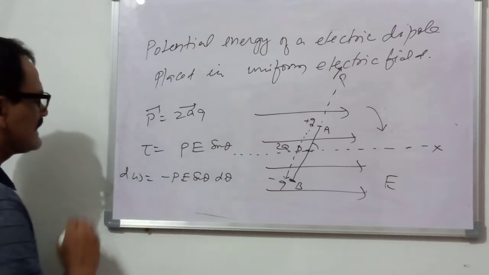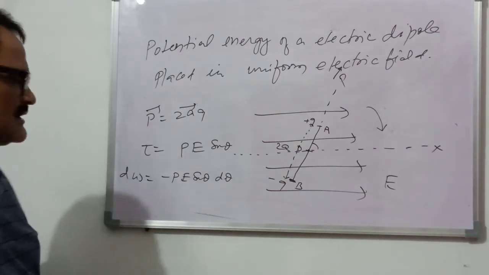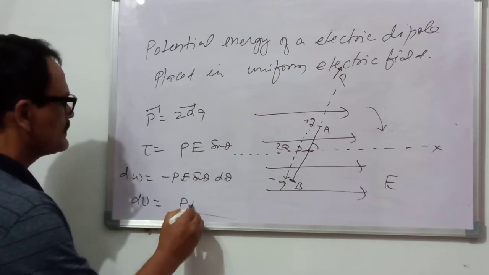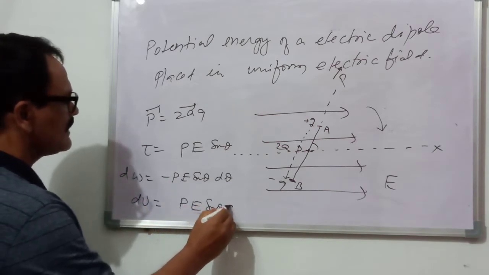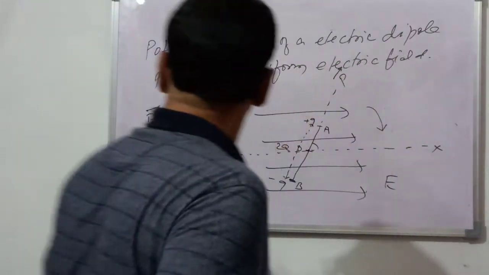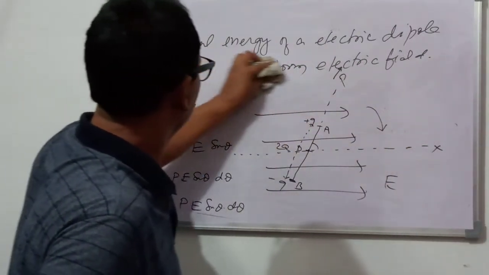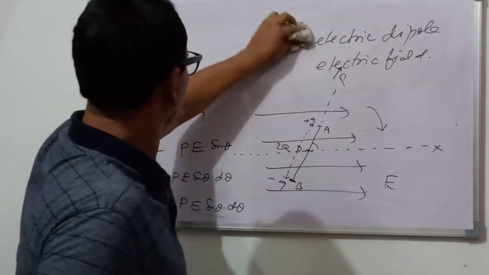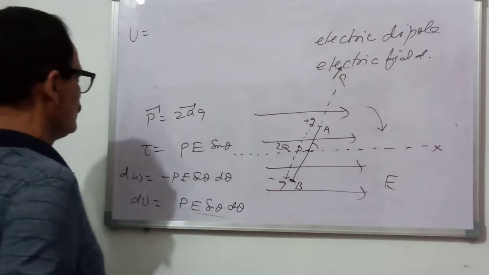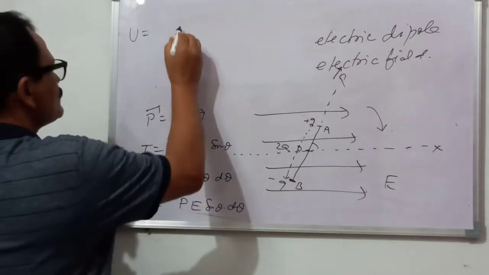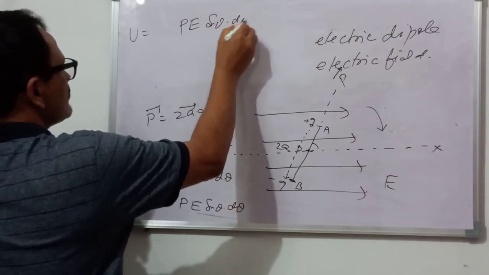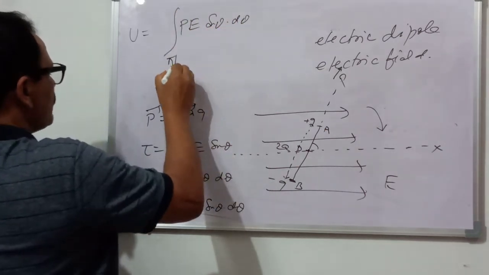And so negative of the work done is known as the potential energy. So potential energy is negative, means PE sin theta d theta. So the total potential energy is the integral of PE sin theta d theta from pi by 2 to theta.